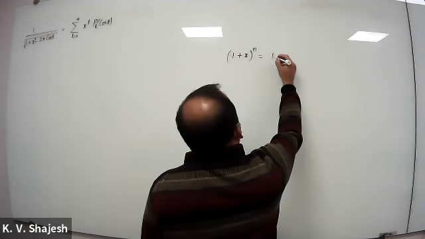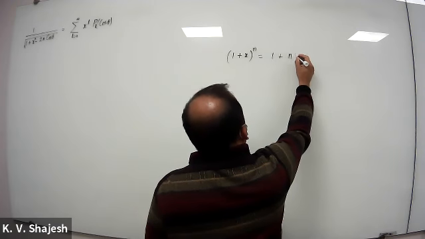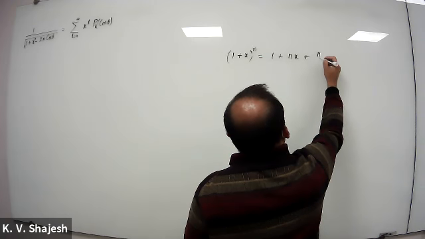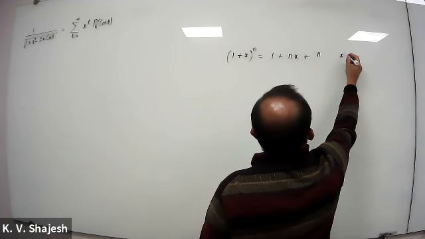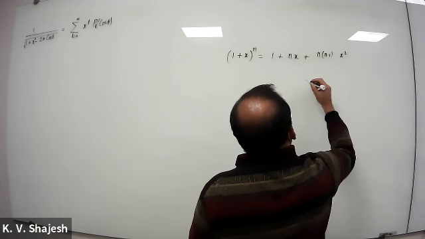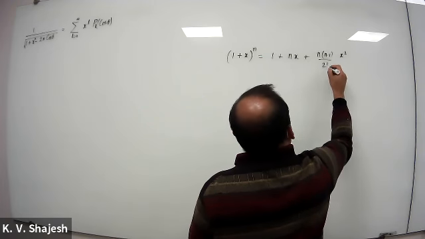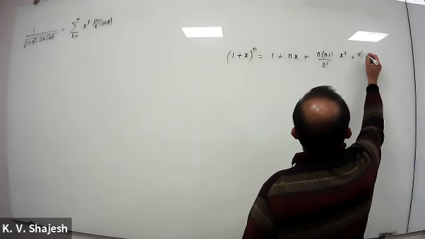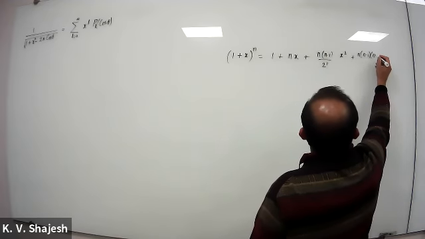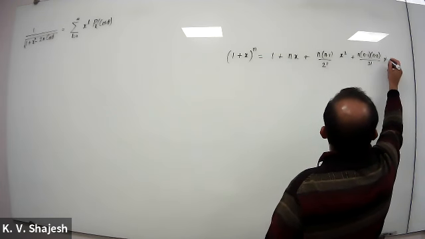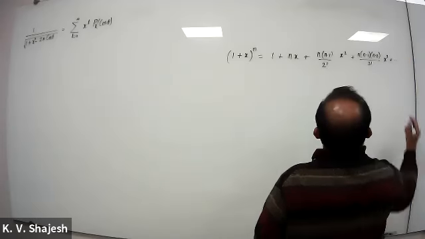One plus n times x. Next one, this and x squared, and the next one is n minus 1, and there's a 2 factor. And the next one, the pattern is n times n minus 1 times n minus 2 over 3 factorial, and x cubed and so on.